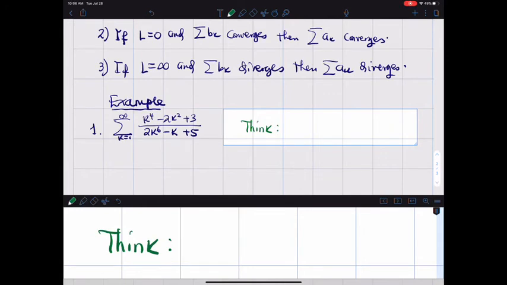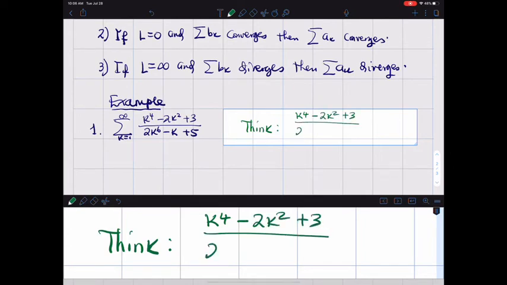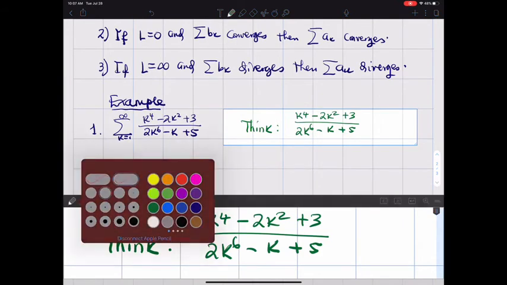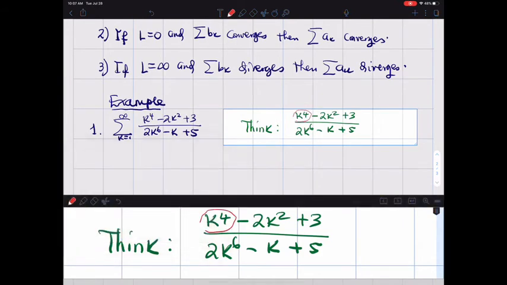All right. So k to the 4 minus 2k squared plus 3 over 2k to the power of 6 minus k plus 5. Now, if you remember in calculus, when you're taking limits, you just worry about the two highest terms.